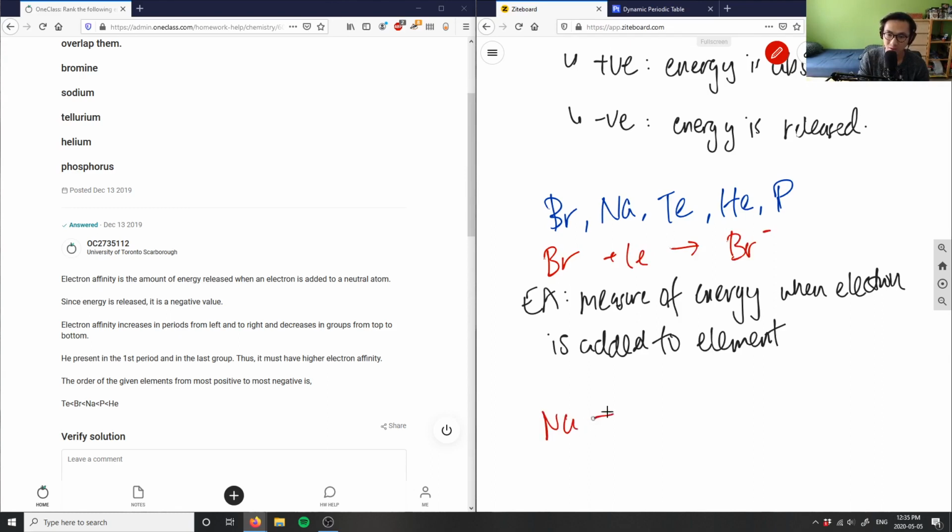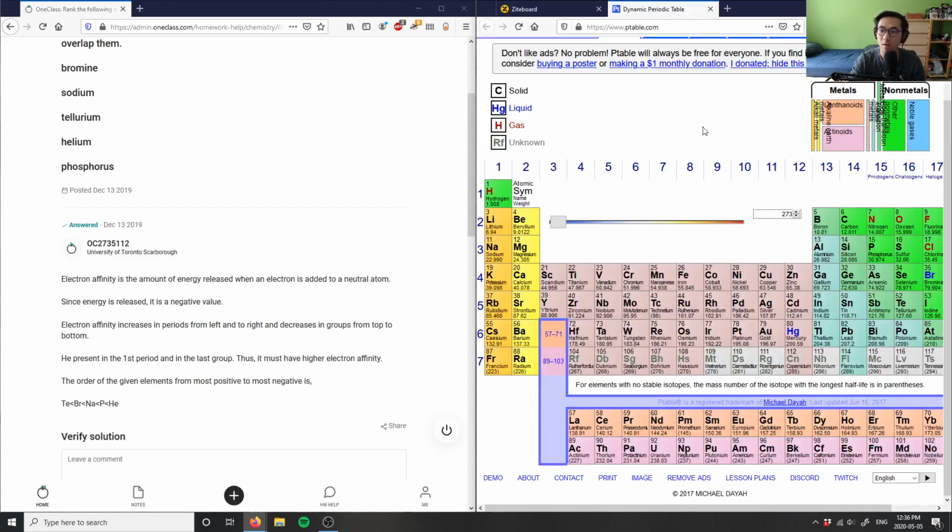Same with Na: plus 1 electron, I'm going to get Na minus, and so on and so forth. So again, sodium doesn't really react much with the electron that's being placed here.